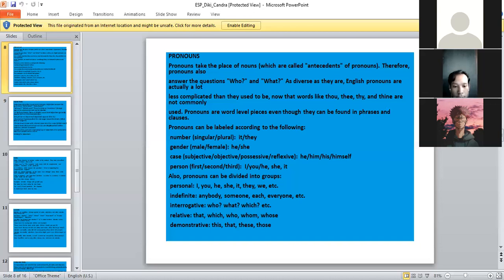And also pronouns can be divided into groups: personal: I, you, he, she, it, they, we, etc.